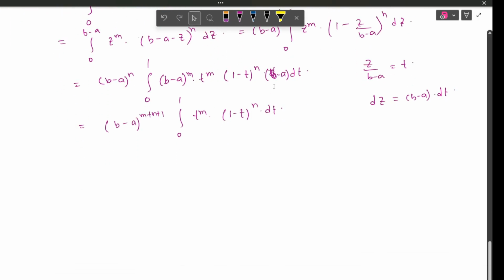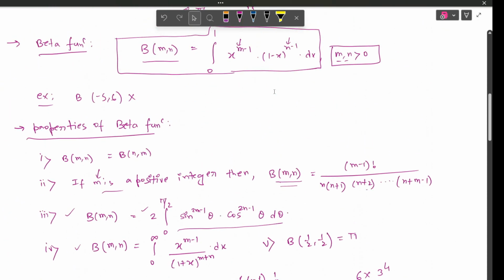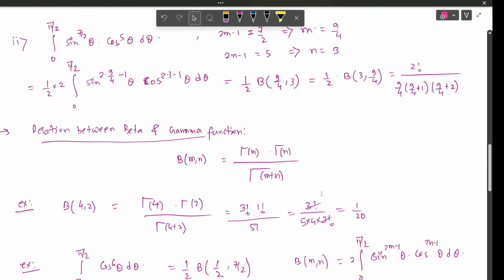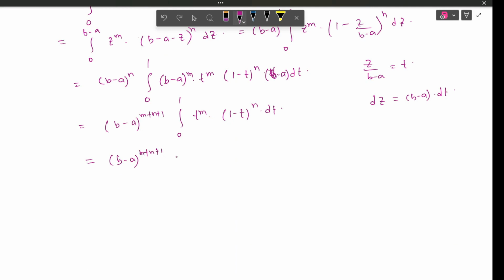Now see, what is the definition of the beta function? The definition of the beta function is beta of m comma n is integration 0 to 1 x to the power m minus 1 into 1 minus x to the power n minus 1. So you have to write in that format: b minus a to the power m plus n plus 1, 0 to 1 x to the power m minus 1.